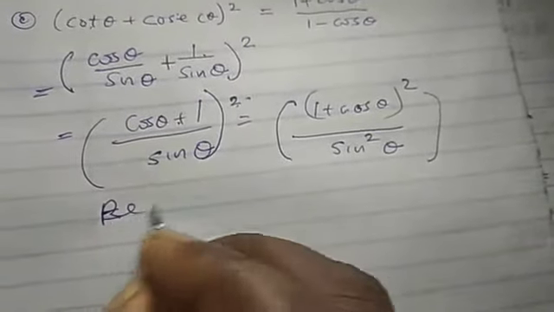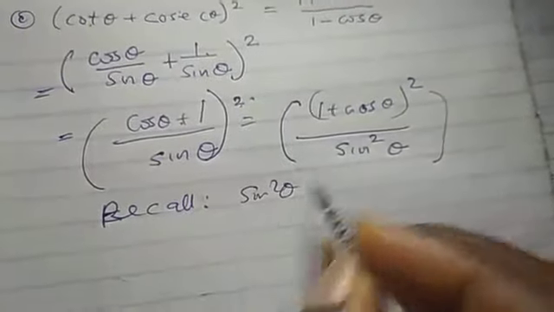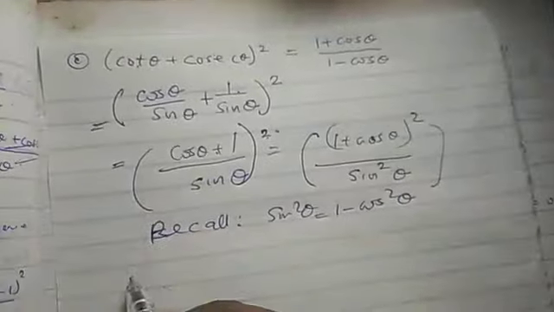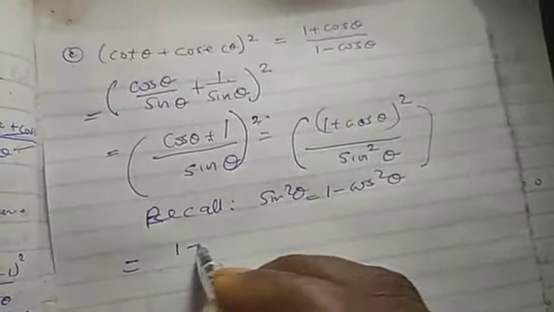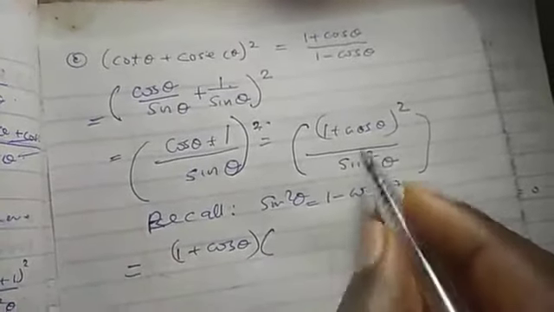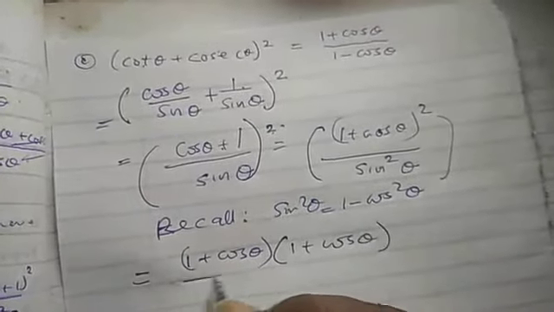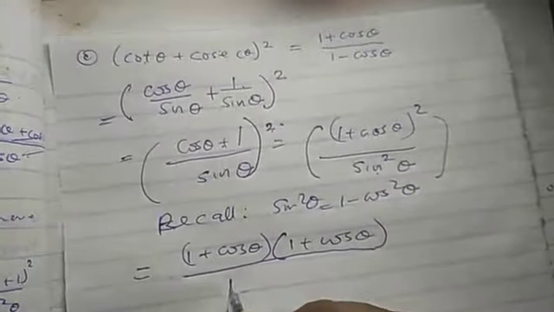We now need to recall that this sin square theta is the same thing as 1 minus cos square theta. In that case, our left hand side will become (1 plus cos theta) all square over, instead of this sin square theta, I will write 1 minus cos square theta.